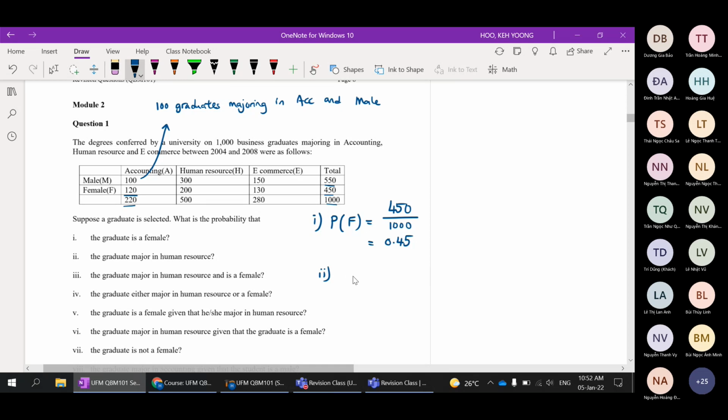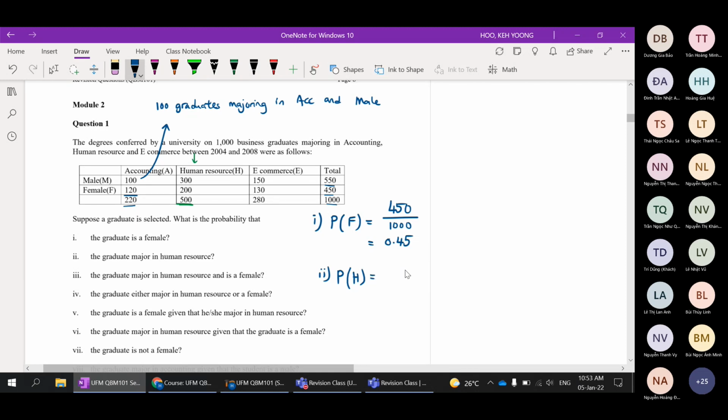How about graduates majoring in human resource? For human resource, you look at the total. Where's the total? 500. So how to write the working for the probability that the graduate is human resource? Here we are using the H. The table gives you the alphabet letters to use, H to stand for human resource.